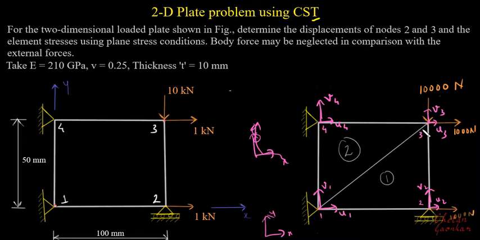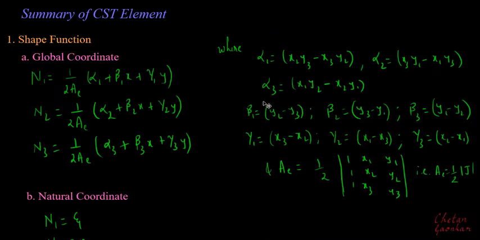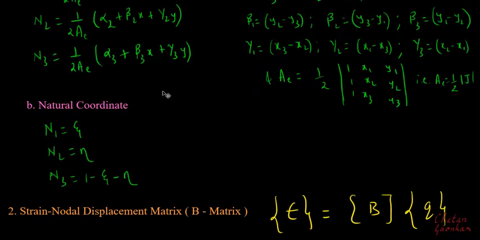Now before this, let us just summarize. We had seen all these formulas first right in the beginning. While studying this CST element, we had derived the shape functions in terms of global coordinate system, and then we had derived the shape functions in terms of the local and natural coordinate systems.